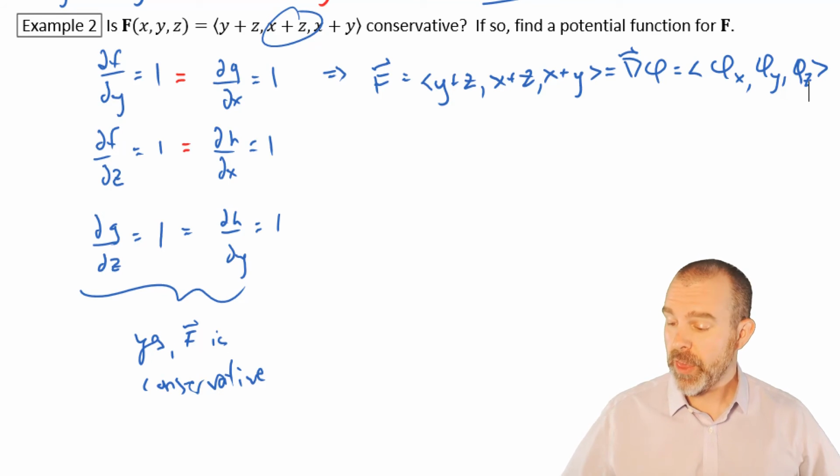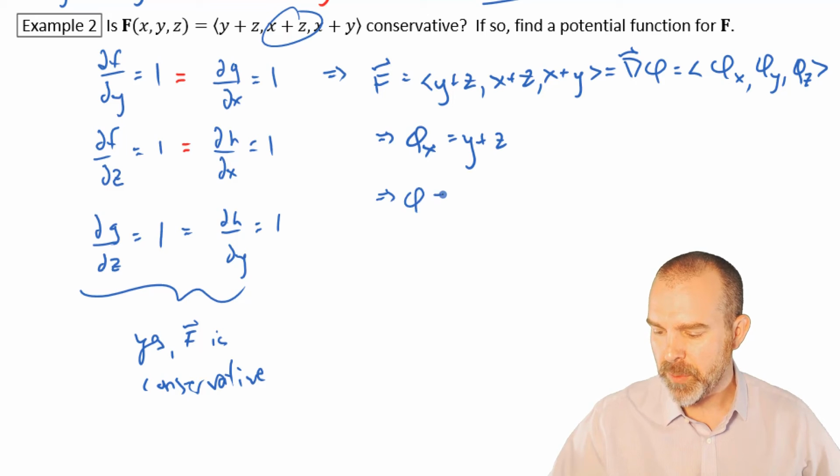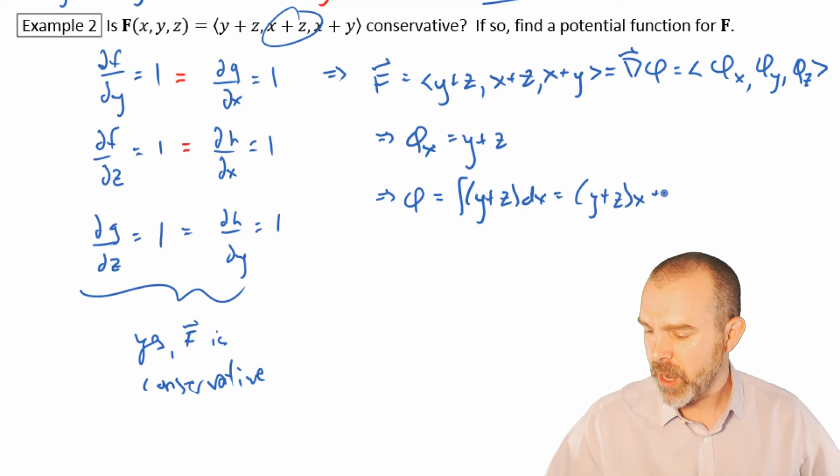We'll start again with the partial derivative of phi with respect to x must be equal to the first component y plus z. So then if we integrate, phi must be equal to the integral of y plus z dx, which would be equal to y plus z, because that's a constant, times x, plus some unknown function of, now here it could be y and z.